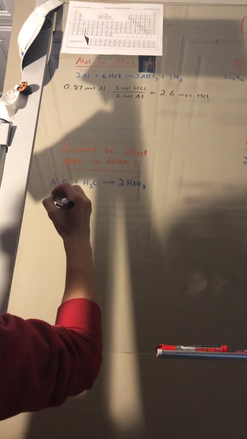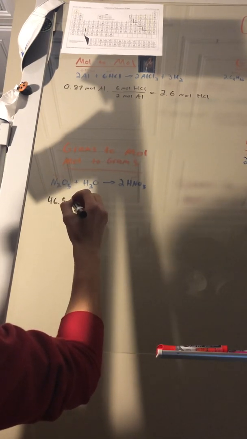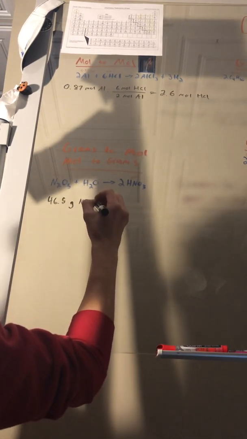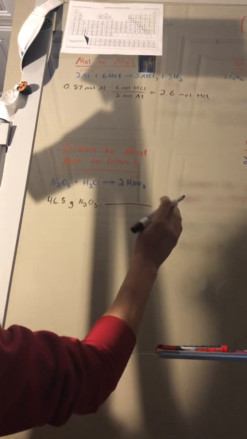Okay, so you're given 46.5 grams N2O5. You want to convert this into moles.